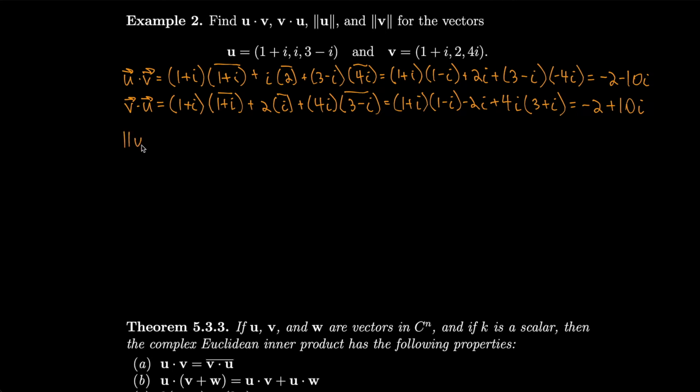Let's look at the length of u. So the magnitude of u, we'll take all these absolute values and square root them after. So absolute value of 1 plus i squared plus absolute value of i squared plus absolute value of 3 minus i squared, and we'll take the square root of all of that.